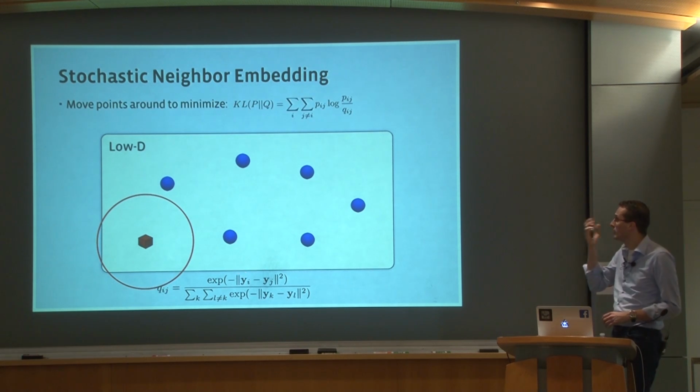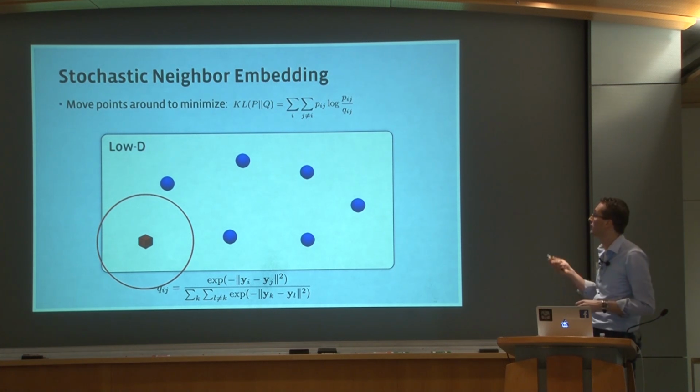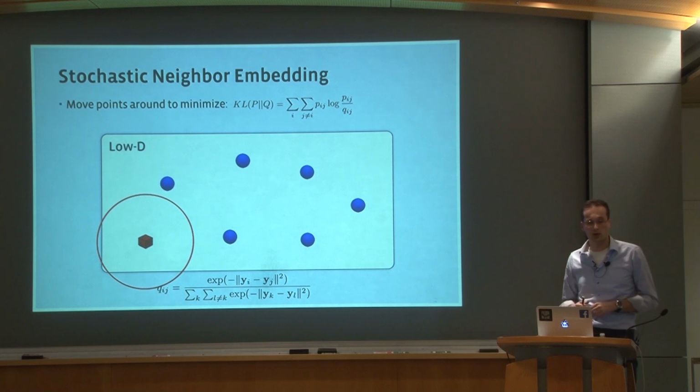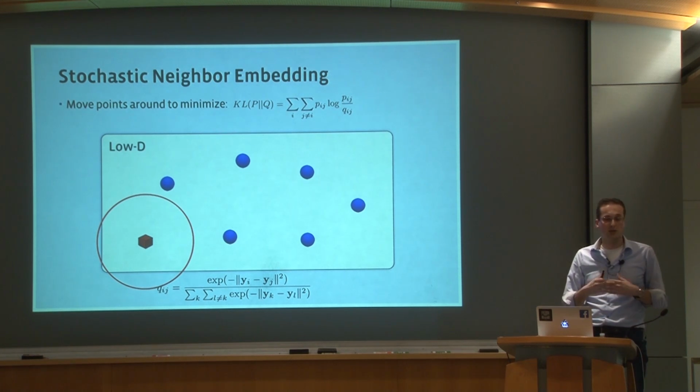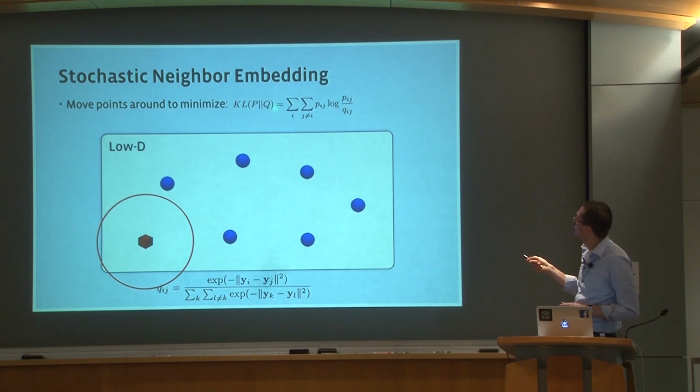The way we're going to measure that discrepancy between these two distributions is by means of the Kullback-Leibler divergence, which is the natural measure for measuring how different distributions are. And it takes this form. It's a sum over all pairs of points of Pij log Pij over Qij.